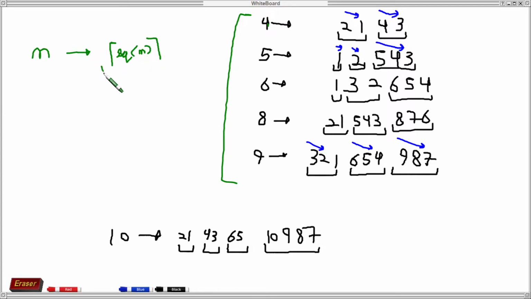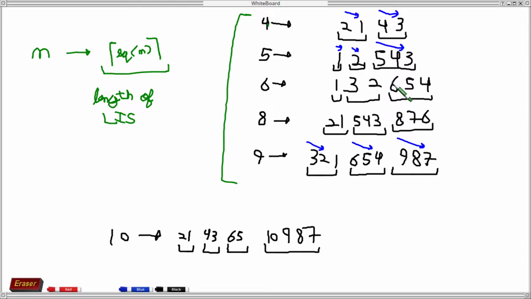Let's say this is the length of LIS we want. Then what we can do is form a pattern like this.